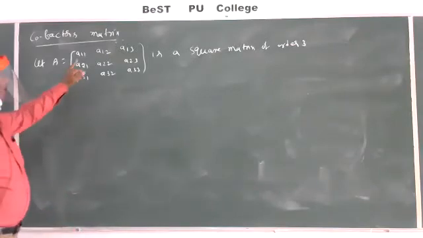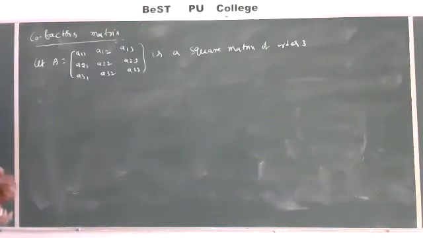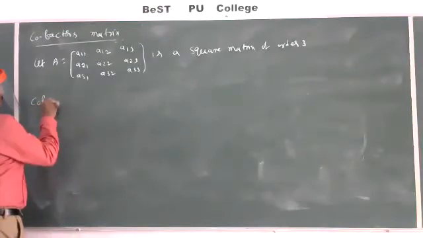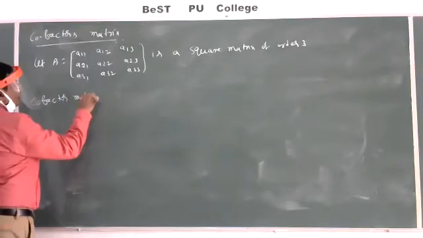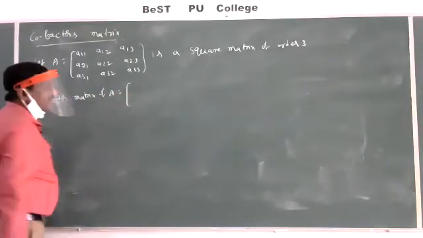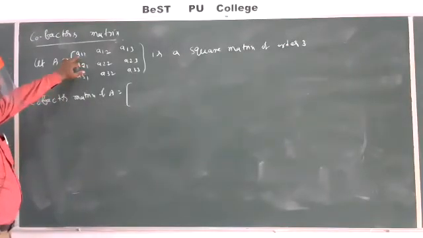That is called the cofactors matrix of A. Directly, each element is replaced by its corresponding cofactor.